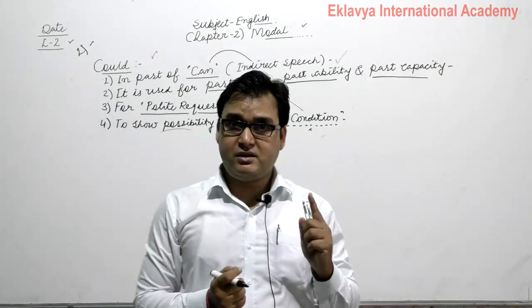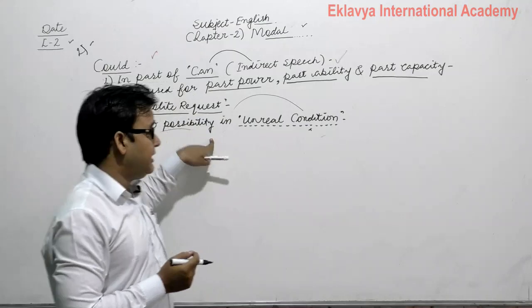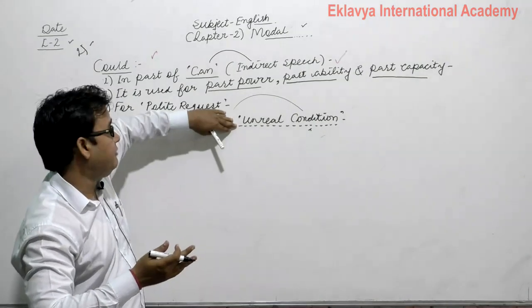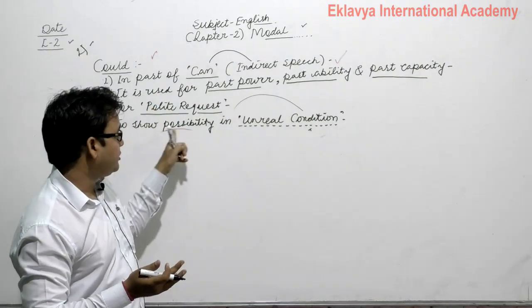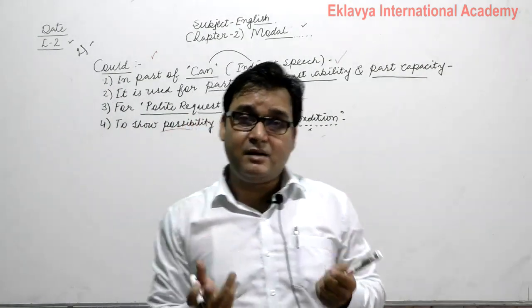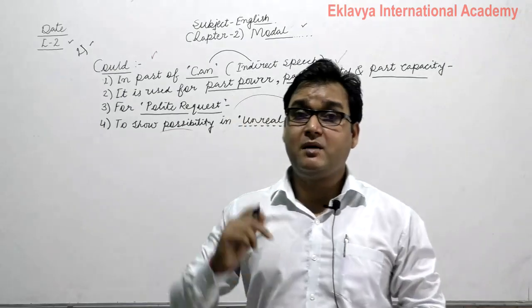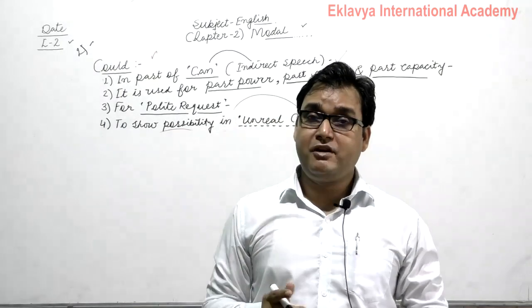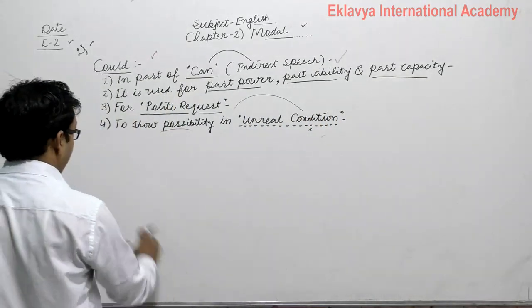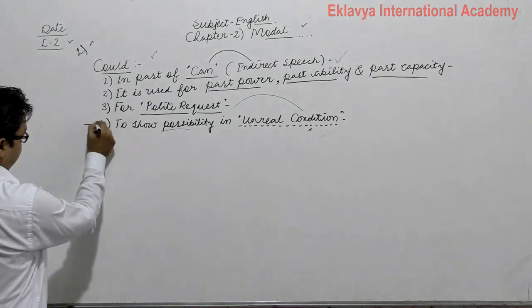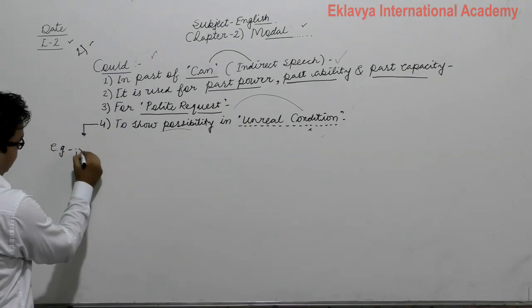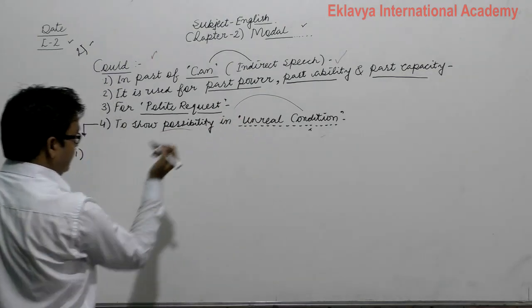The last point is that it's not the purely unreal one; it is unreal, but we'll find out the possibility in unreal condition. Unreal means imaginative, that which is not real. There we will find out the possibility with the help of could, by using could model. So let's say the last point. Okay, example number 1, to show possibility in unreal condition.